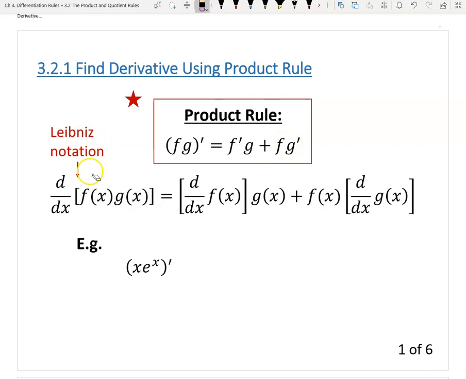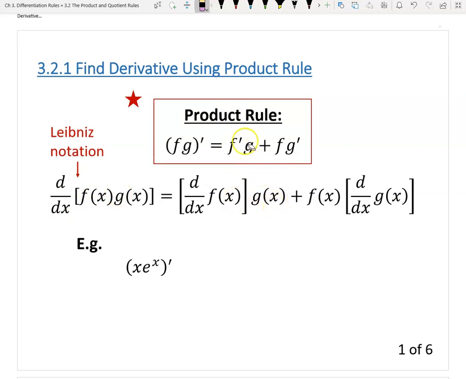Here we have another notation. We call it the Leibniz notation. We introduced it before. The notation is dy/dx, where y is the product of 2 functions, f(x) times g(x), just f times g, which means we are going to take a derivative of the left side. How to find the derivative?